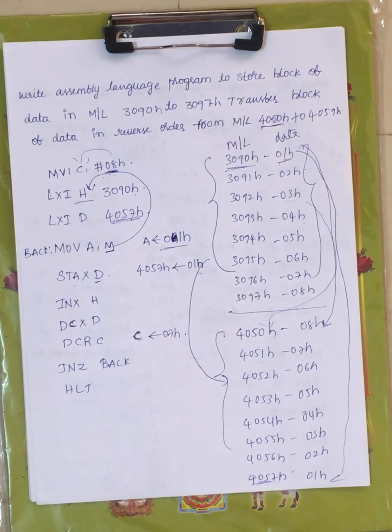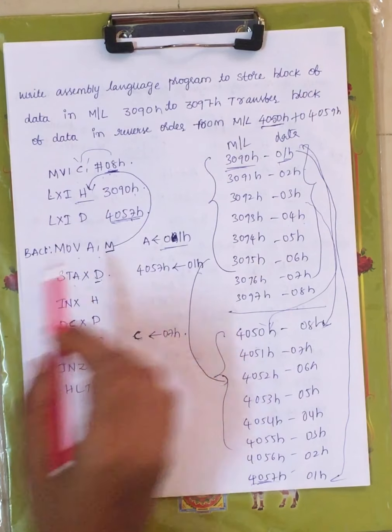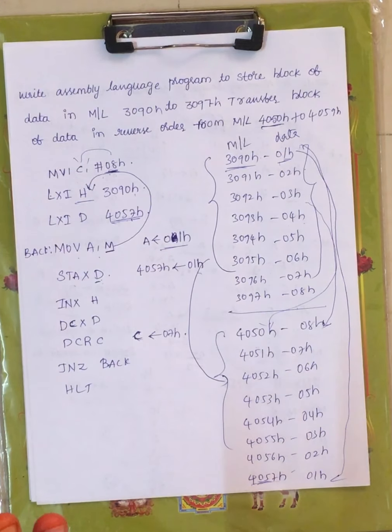Now the logic is what? Now move A comma M. M is a memory pointer that is pointing to the memory location of HL register pair only. It doesn't point to the memory location of any other register pair except HL register pair.